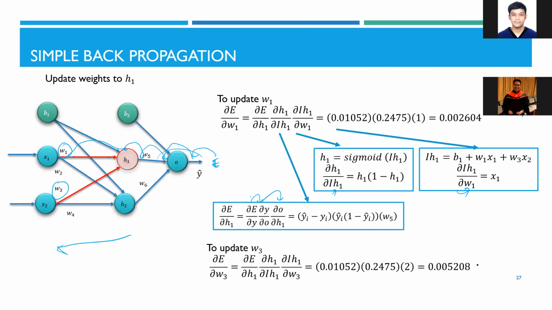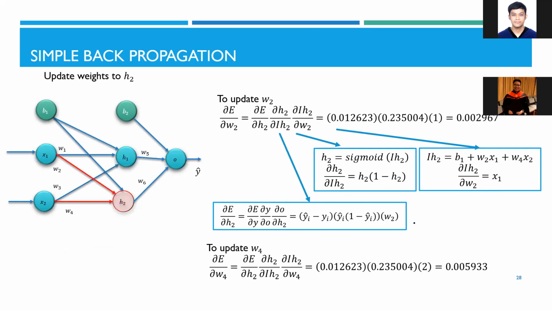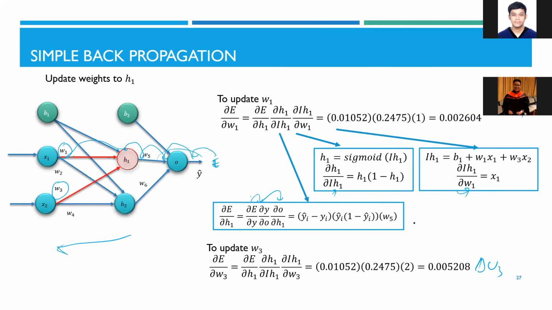The same way we can update W3. Yeah, so it would be the product of y hat minus y, multiplied by up until W5, multiplied by H1 times 1 minus H1, multiplied by X1. That would be 0.0026, correct?